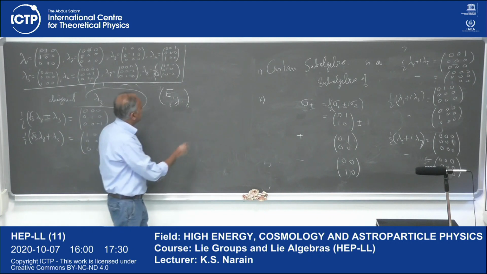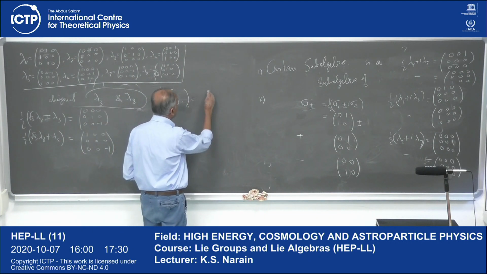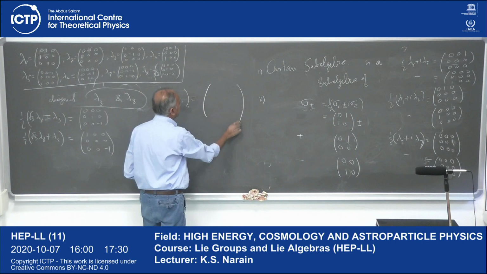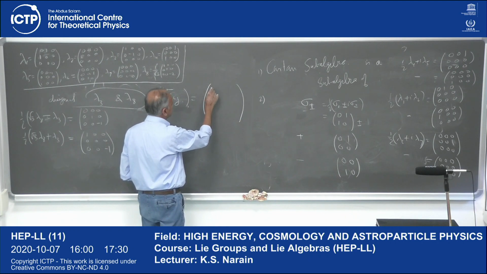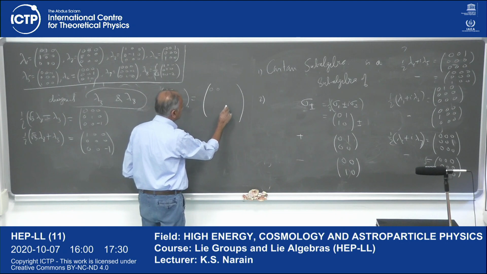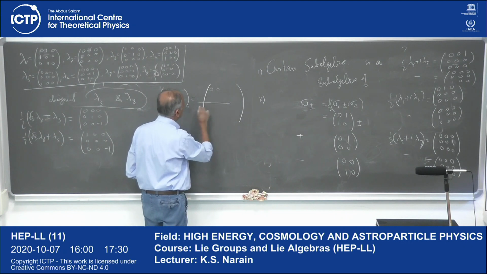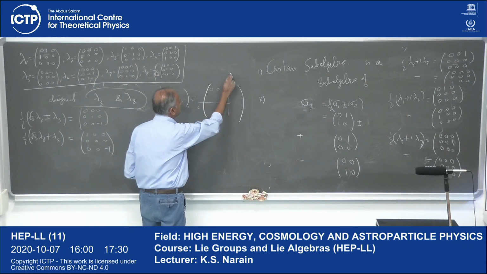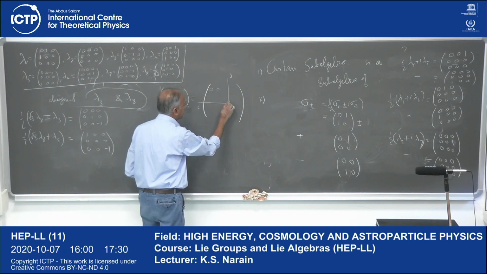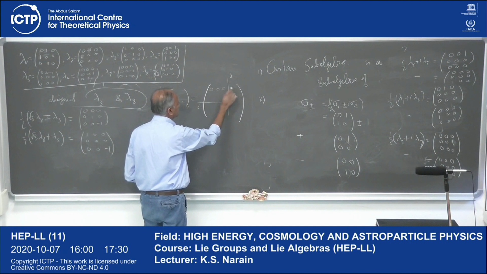Okay, and that I will define as simply a matrix which is everywhere 0 except for one element, which is in the ith row and the jth column, and there it is 1. So this element is 1, and everything else 0.